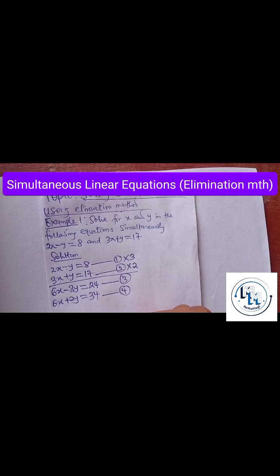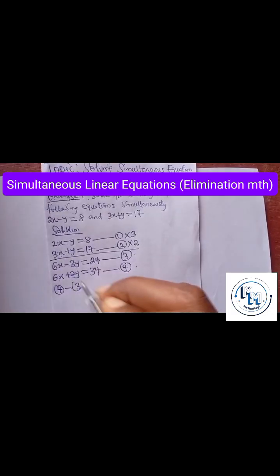Also, looking at the right-hand side, 34 is bigger than 24. So you can just subtract equation 3 from equation 4, which is equation 4 minus equation 3. How do we go about it?